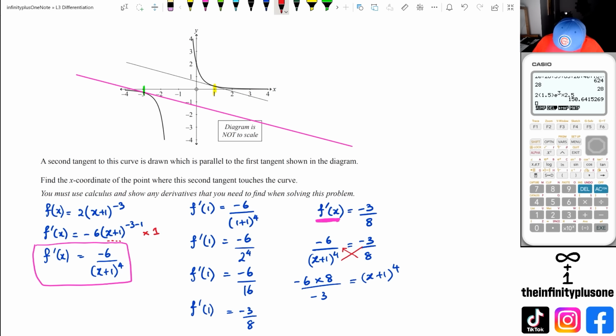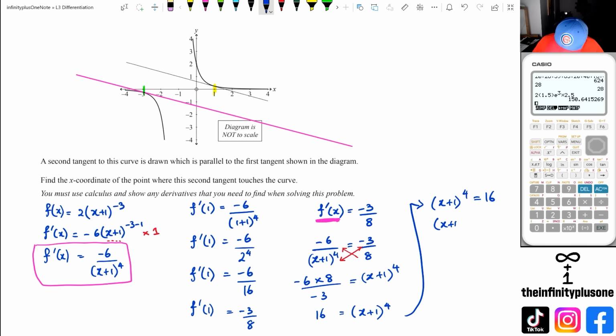I brought the 8 across, the 3 down here, and (x plus 1) to the power of 4 across. Cool. So next, I've got negative 6 divided by negative 3, that's 2. So I've got 16 equals (x plus 1) to the power of 4.